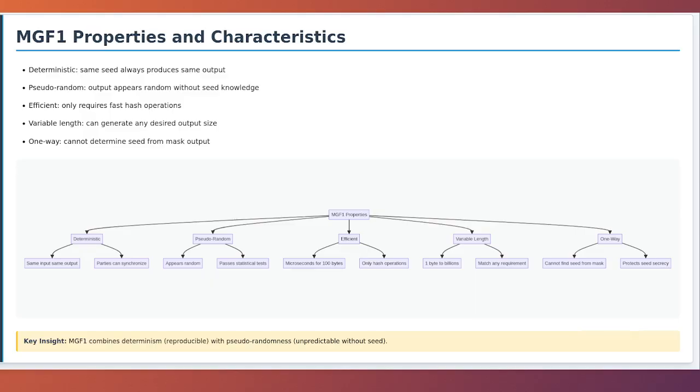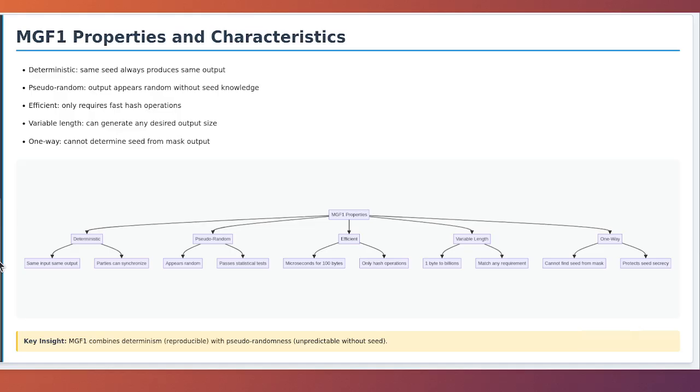Given the same seed and requested length, it always produces exactly the same output. This determinism is essential for cryptographic protocols where both parties need to independently compute the same mask. In OAEP, both the encryptor and decryptor need to be able to generate the same masks, so determinism is required. However, to an observer who doesn't know the seed, the output appears random.